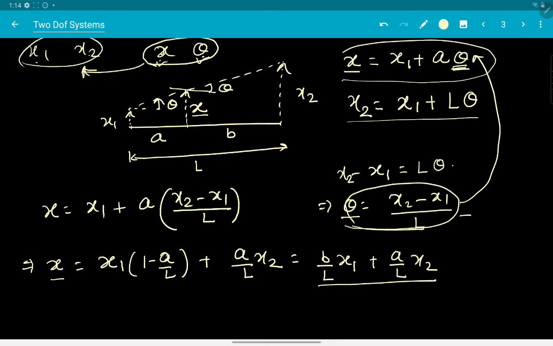So this one and this one. Use these two equations to get rid of x1 and x2 and write down everything in terms of x and theta.